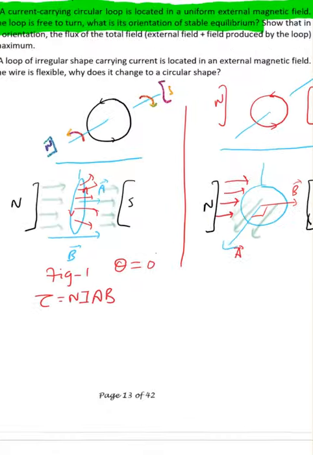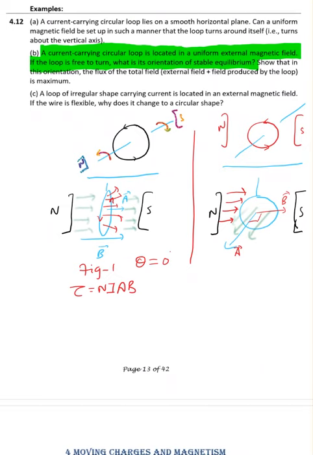Let us go to the third question. A loop of irregular shape carrying current is located in an external magnetic field. If the wire is flexible, why does it change to a circular shape?